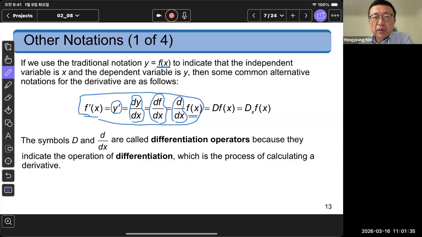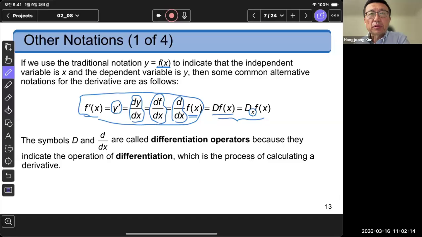Now, in some rare cases, you may use the uppercase D to denote the derivative. So uppercase D of f of x, or sometimes we put this subscript x on D, just to imply the differentiation in the x variable. So these two notations may appear especially in physics or engineering textbooks.